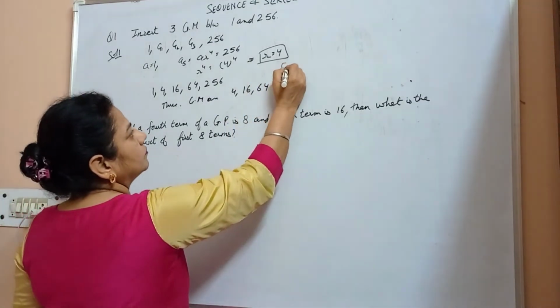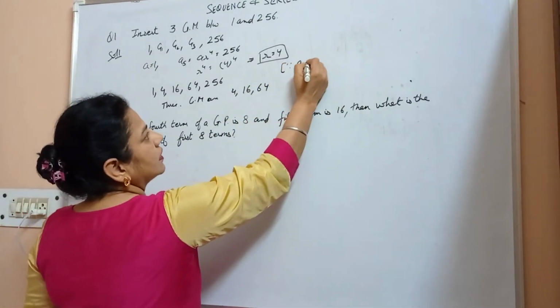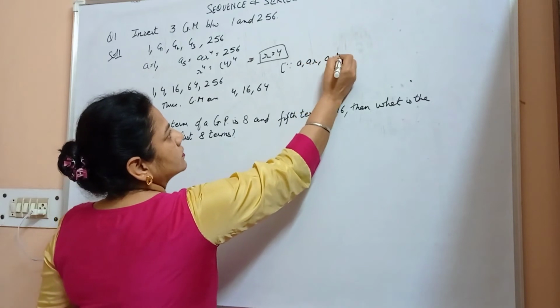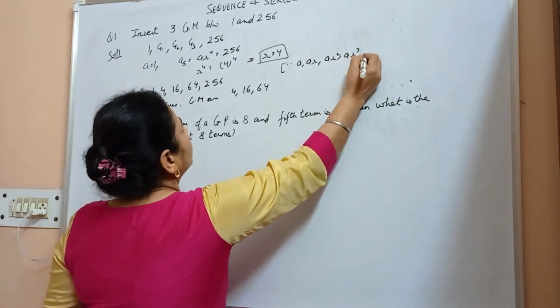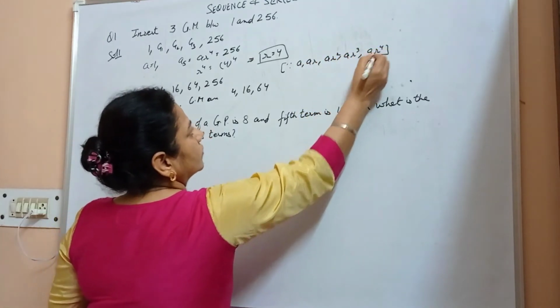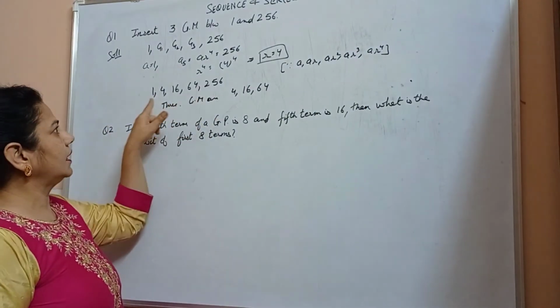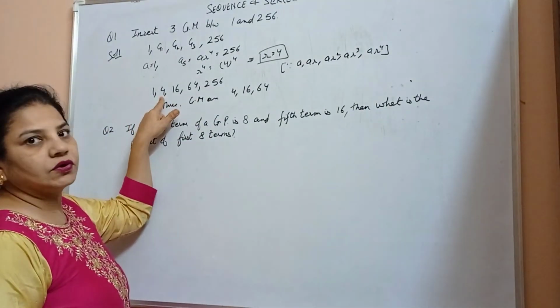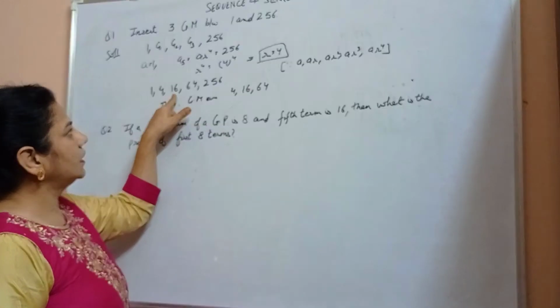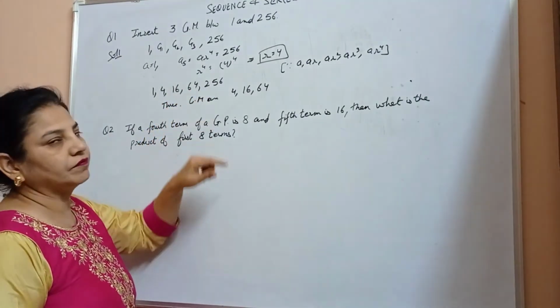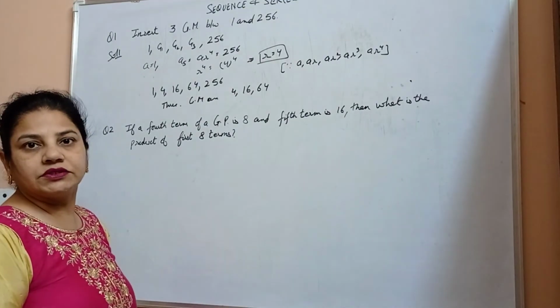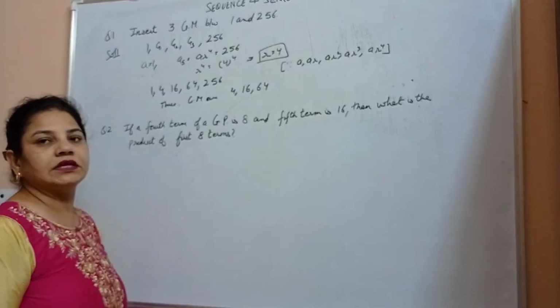Because the terms are A, AR, AR square, AR cube and AR to the power 4. So if we put A as 1, we get AR as 4, AR square as 16, AR cube as 64 and 256. Thus we get the geometric means as 4, 16 and 64.